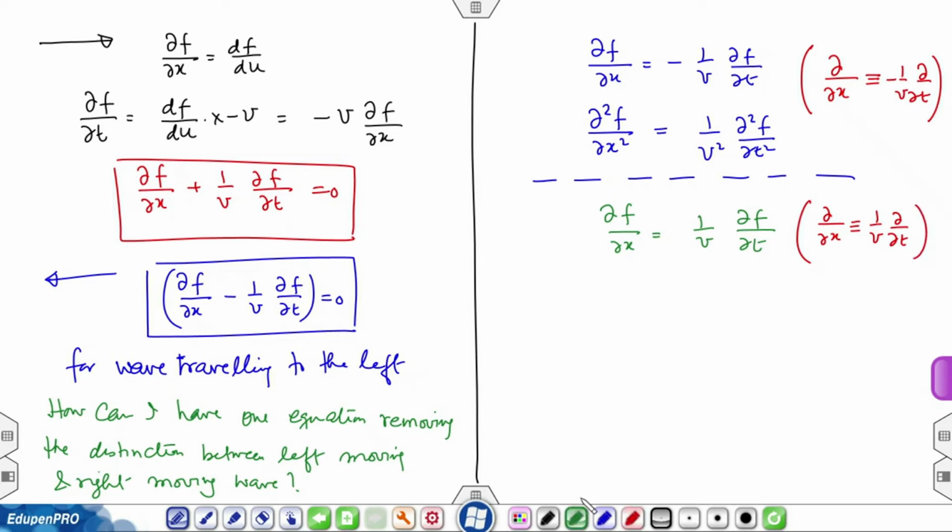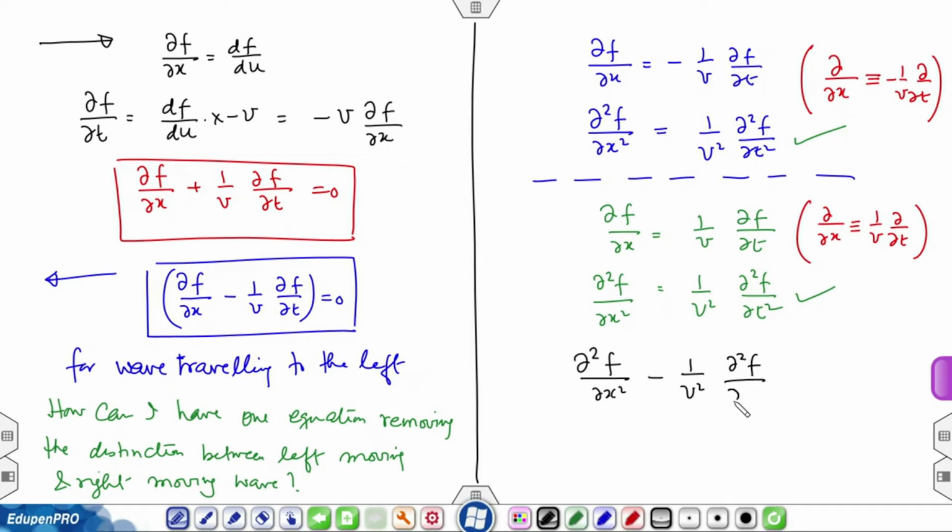Therefore, I can write this as d2f/dx2 as 1 over v squared d2f/dt2, and both are the same. And therefore, the general equation I have is d2f/dx2 minus 1 over v squared d2f/dt2 equals 0. That is the general wave equation.